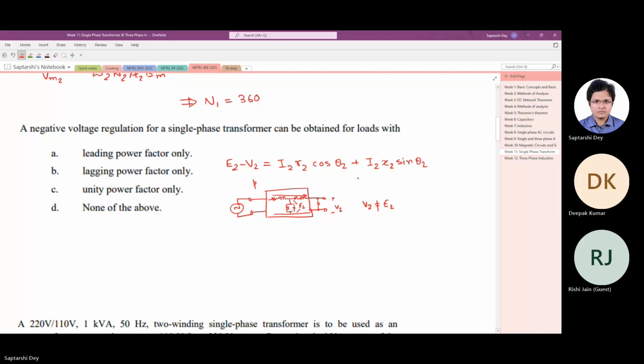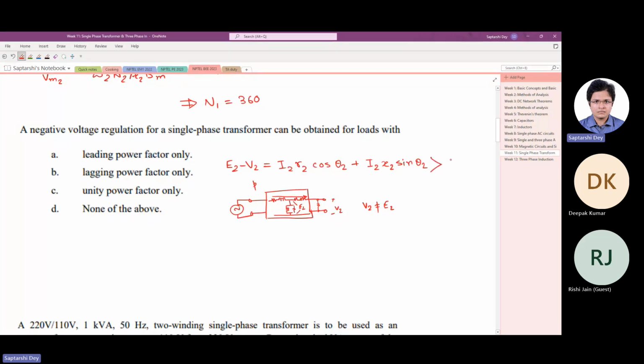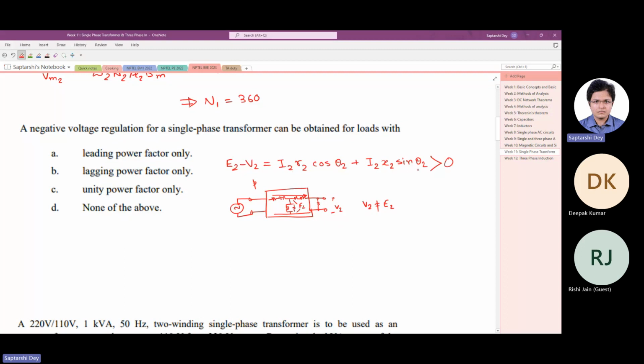Now, if you look at this equation, you can see it's a positive equation. The value will come as positive, but this one is derived. If you see the geometrical derivation, the phasors are all drawn for lagging power factor.